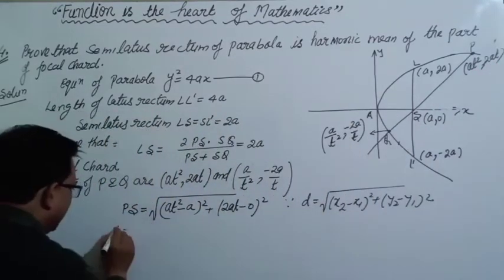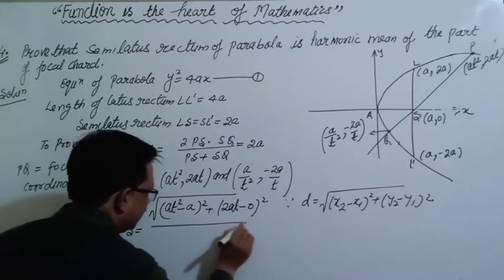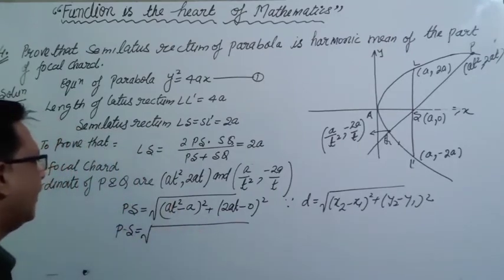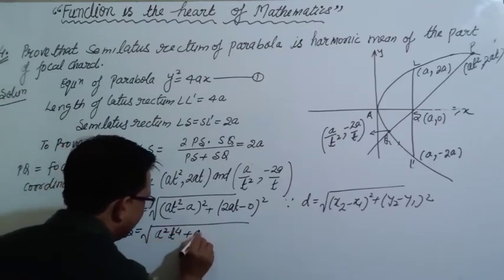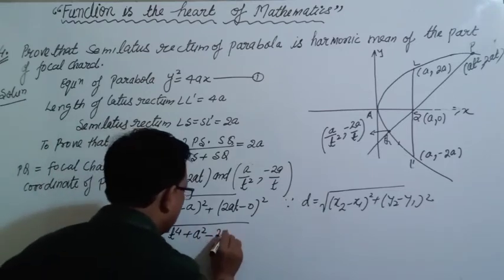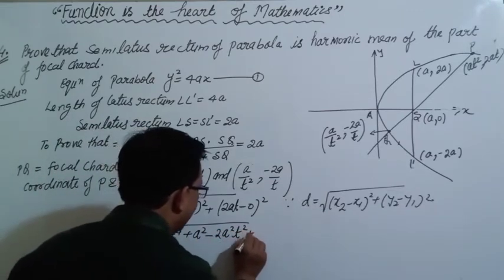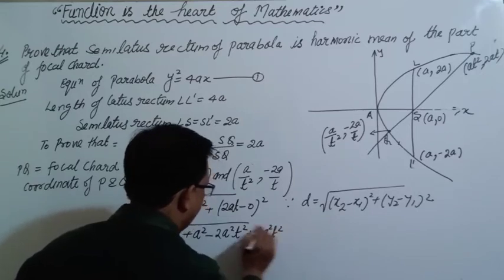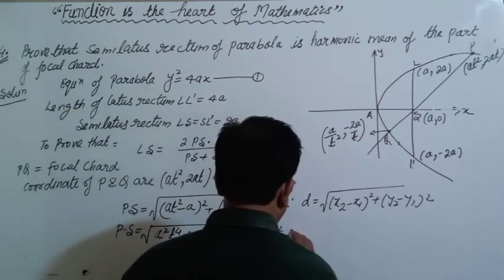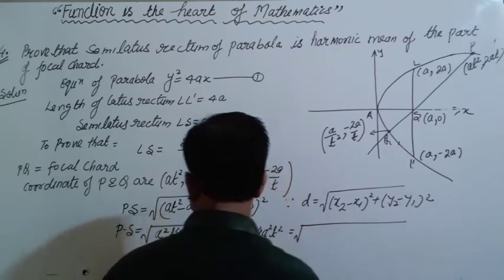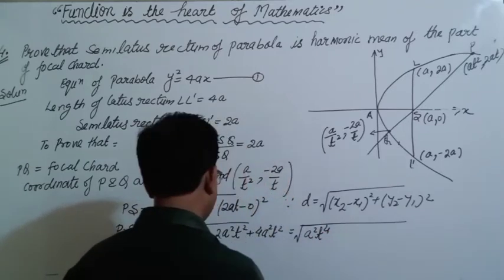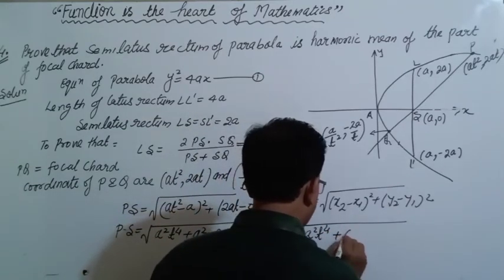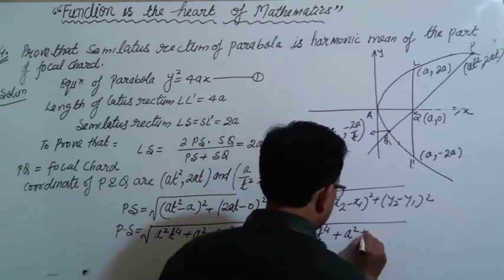Okay students, now for PS we open the bracket. This is a² t to the power 4 plus a² minus 2a² t² plus 4a² t². So here we write PS: this is a² t to the power 4 plus a² plus 2a² t².